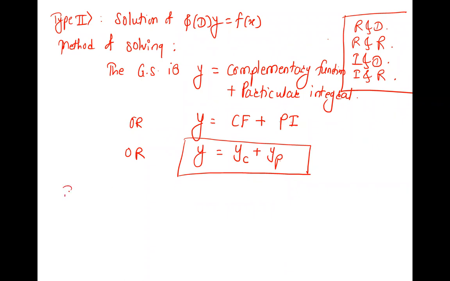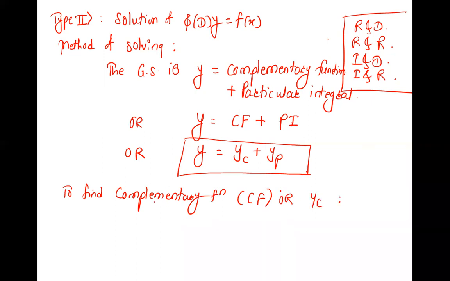So to find now the complementary function, or CF, or YC, all these are the same. To solve this, what you have to consider is again the auxiliary equation, phi(D) equal to 0.